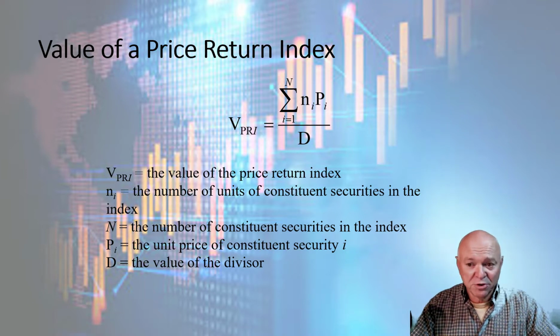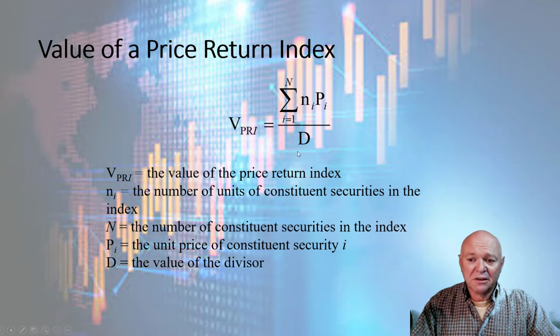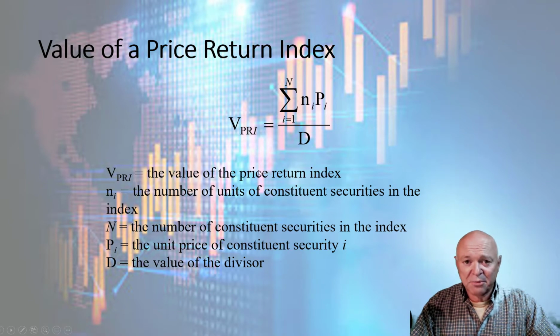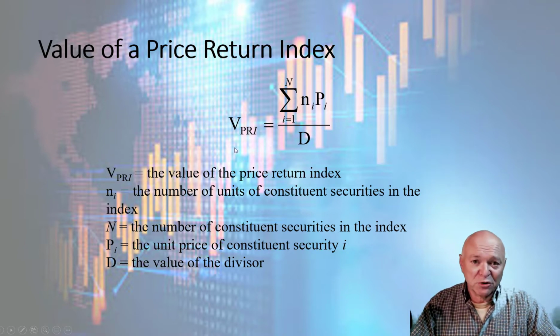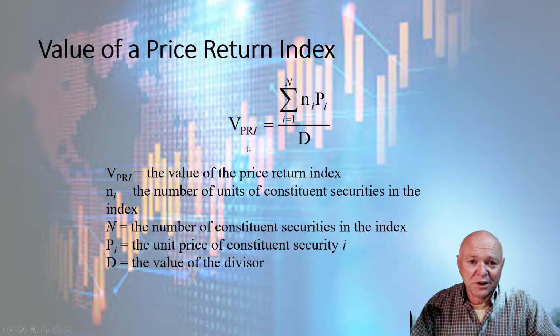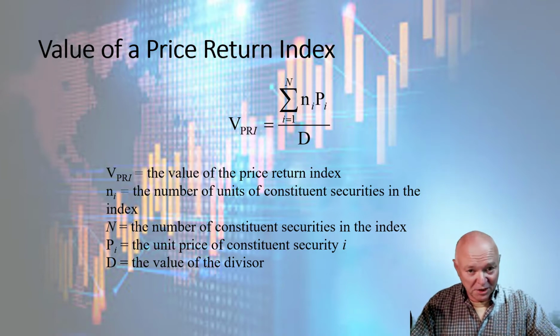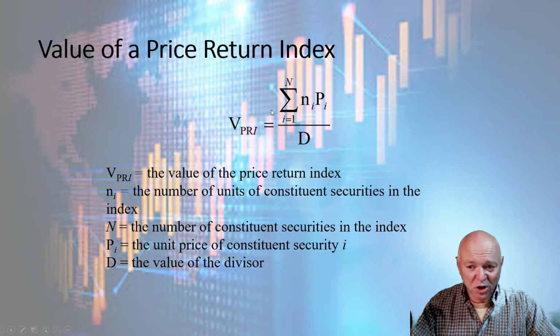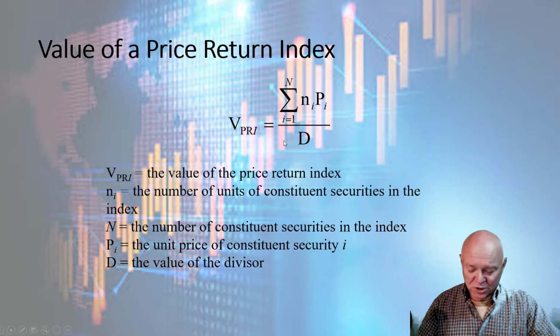For a simple price return index, for example, the divisor or the denominator in this equation is generally set by the index manager at some point, and is usually set to create an overall value for the index at some particular level, for example, 1,000 or 100 as the original value of the index. And over time, the components, the stocks or the bonds within the index, as well as the divisor, might be adjusted.